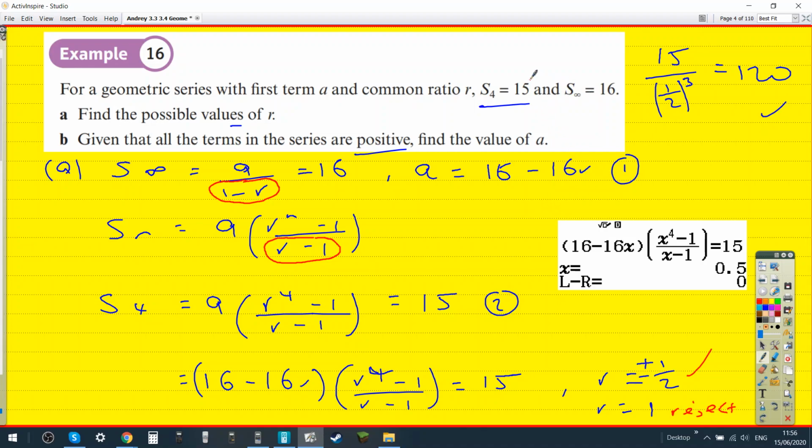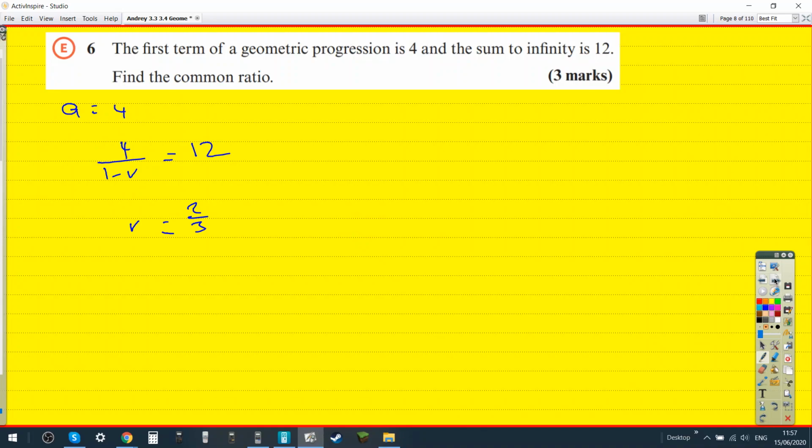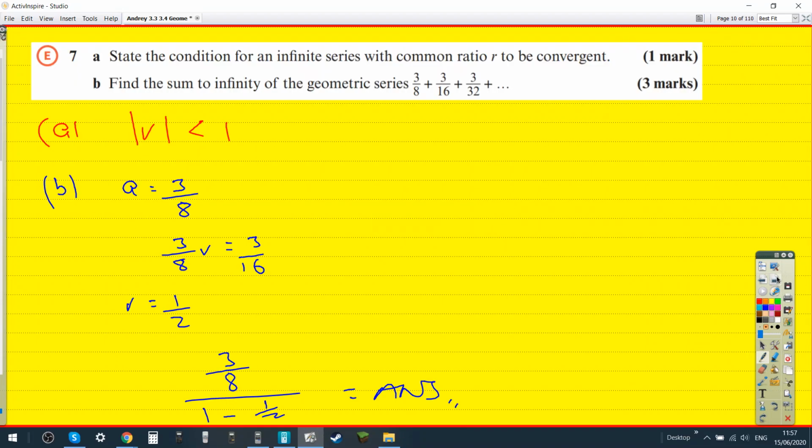It seems like it's always putting in the same two formulas over and over again: A over 1 minus R and A times 1 minus R to the n over 1 minus R. It was actually easier to use the second one, because then you can times both sides by 1 minus R. Basically, you can just get rid of the denominator from both sides. That would have made it much easier, although our way worked for a shot. Those are the easy questions.